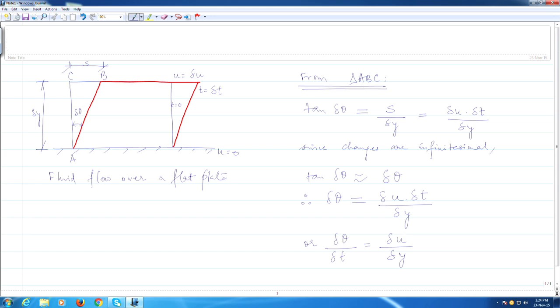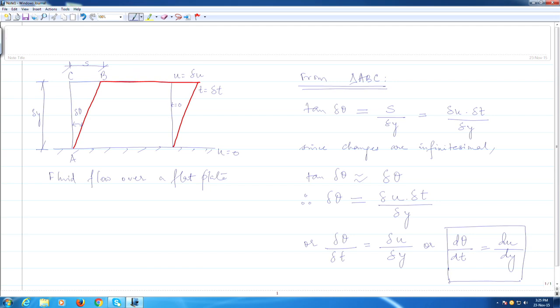Because we're not really looking at the change of u with respect to the x-axis, these partial derivatives I can actually write as derivatives. So therefore I can write this as d theta dt is equal to du dy. Now that's something we get.